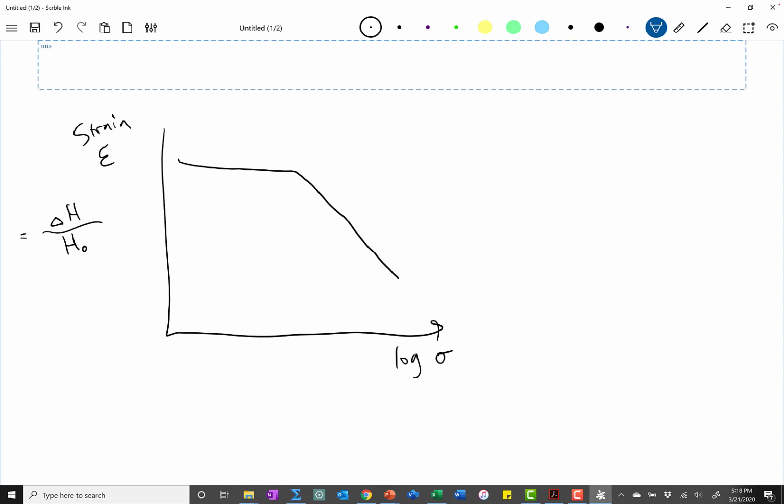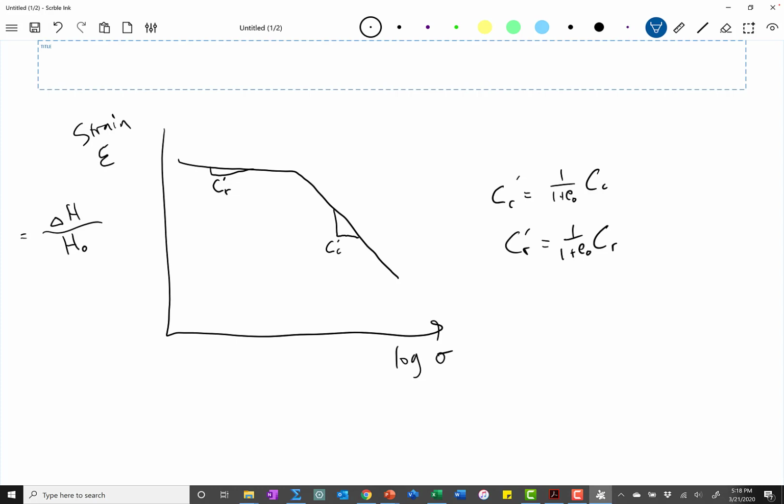The only thing you need to be aware of is if you take the slopes of these curves, it's no longer C sub r, it's what we call C sub r prime. And C sub c is now C sub c prime, where C sub c prime is going to equal 1 over 1 plus e naught times C sub c, and C sub r prime is going to equal 1 over 1 plus e naught times C sub r.